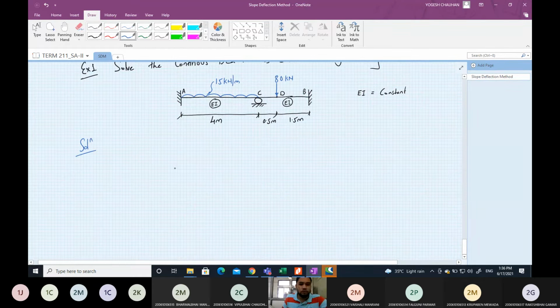As a first step, you split the beam into different individual beams. So let us split and then restrain them. This is the first part. We will add both the parts.